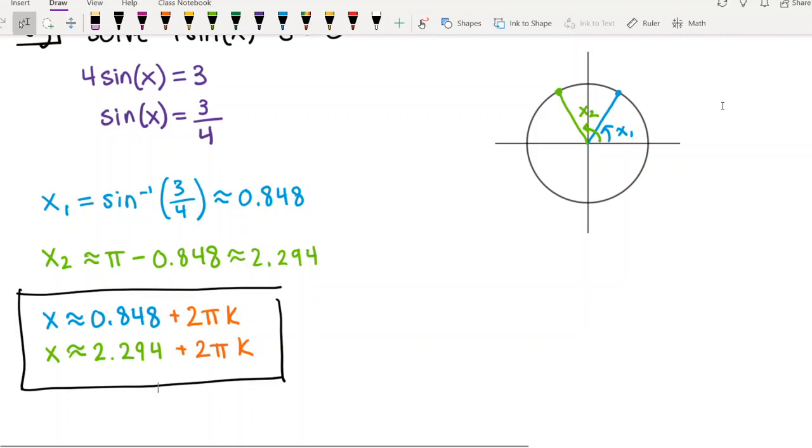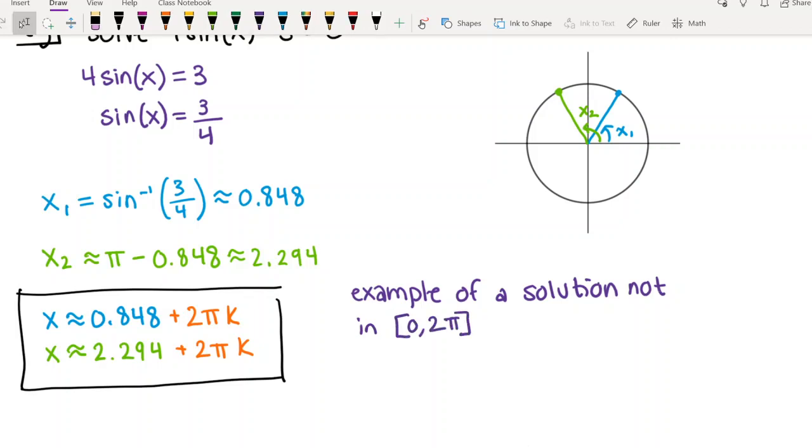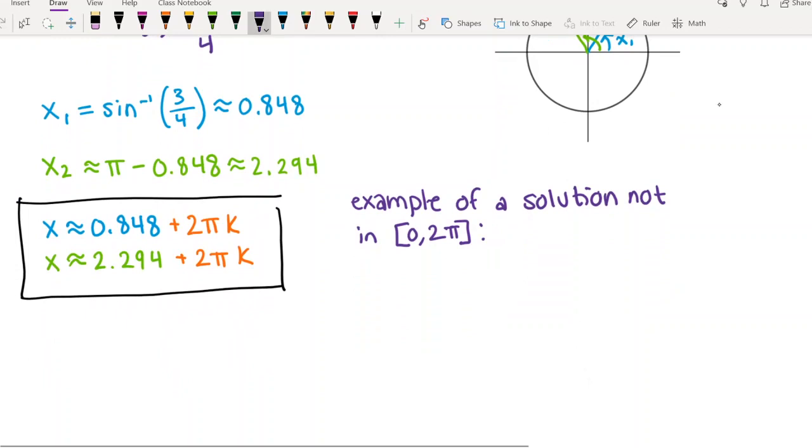So how could you find an example of another solution? An example of a solution that's not in the interval from 0 to 2 pi. Well, for example, you could take your first one, the blue one, so 0.848, and then you could add, let's say, 12 pi.